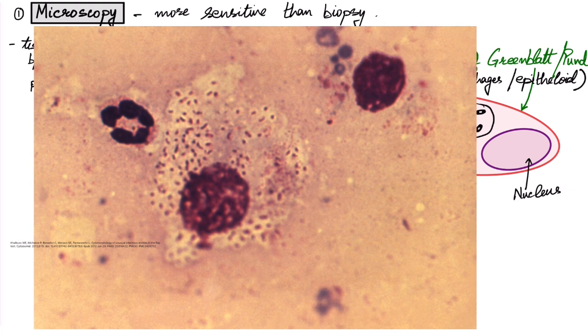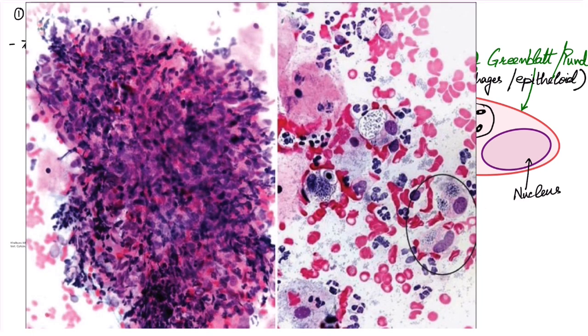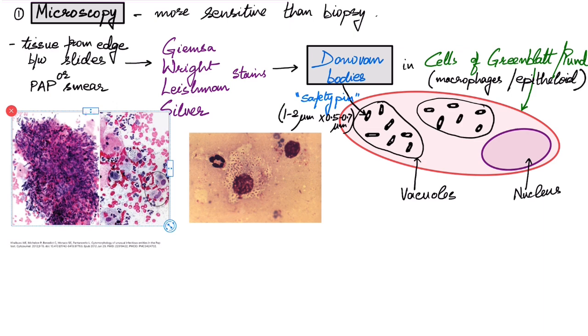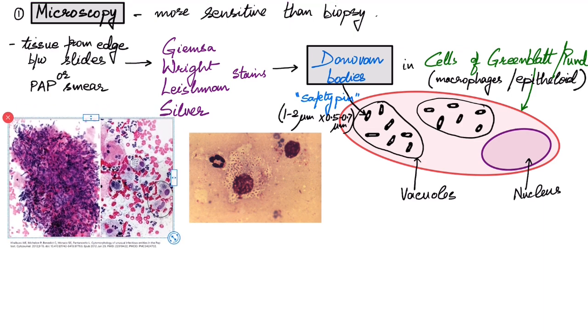This is how it looks. This is a large macrophage, and these are the various Donovan bodies. So here this is a pap smear. These are the two epithelioid cells or macrophages with the large vacuoles containing the safety pin appearing bacteria, the Donovan bodies.